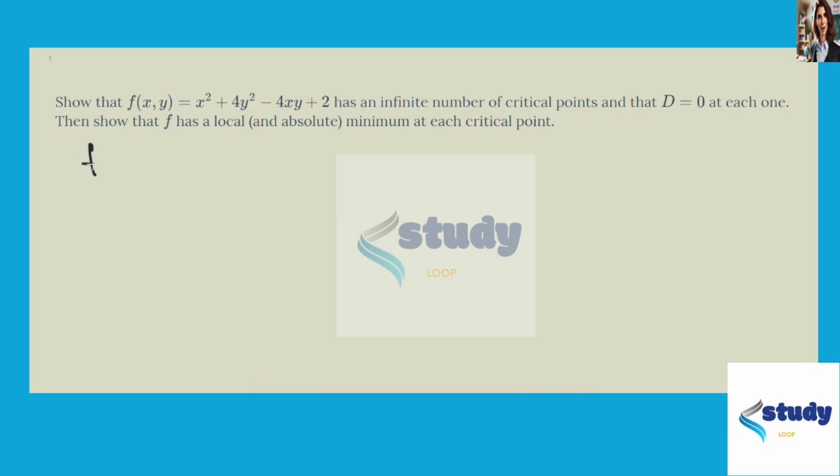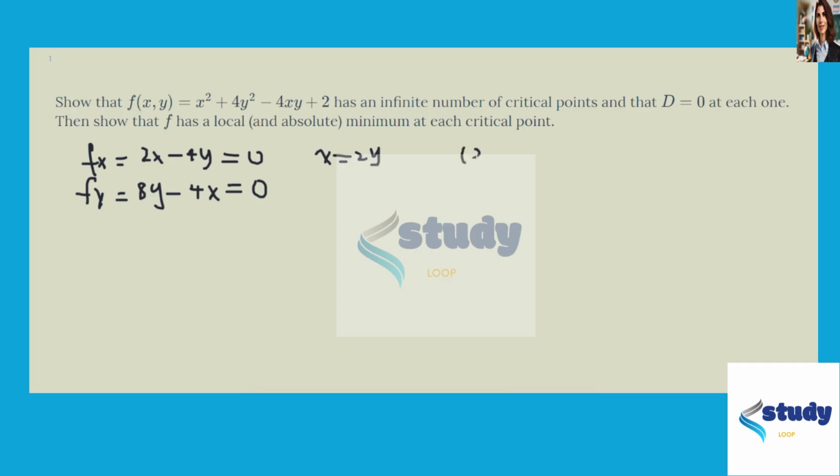First, we compute partial f partial x and partial f partial y. Partial f partial x is equal to 2x - 4y. Partial f partial y is equal to 8y - 4x. If we let both of them be equal to 0, we have x = 2y.